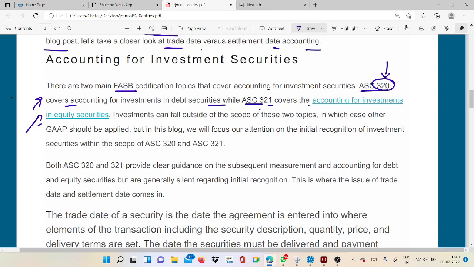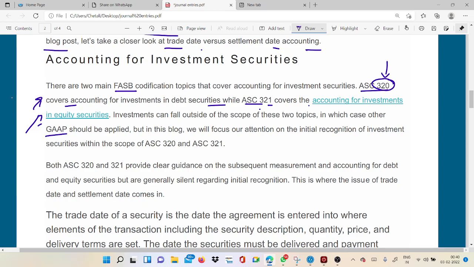These two accounting standards are very important from an interview perspective as well. If you are looking for a reporting interview, a product control or finance control interview, or a fund accounting interview, you should know about these accounting standards or codes, because you may expect questions on this. That is why it is very important.